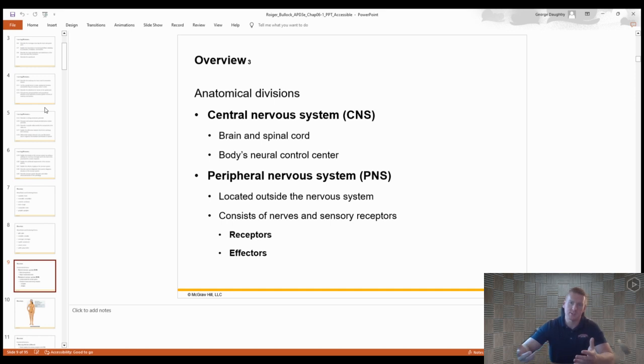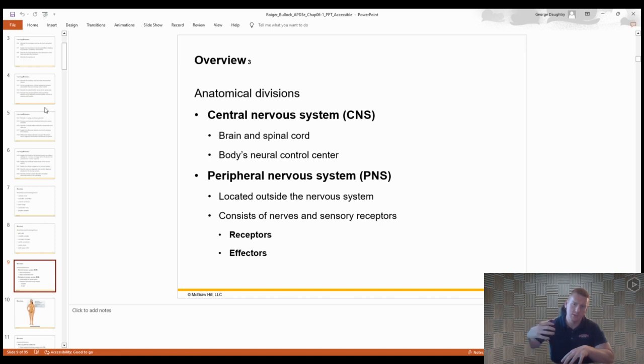So the classic example is if I were to touch a hot surface, if I were to touch a stovetop, my peripheral nervous system is going to pick up that I'm touching a hot surface. And then when I rapidly pull my hand away because I'm touching something hot, the receptors in the peripheral nervous system picked up the hot sensation. That information went to the brain.